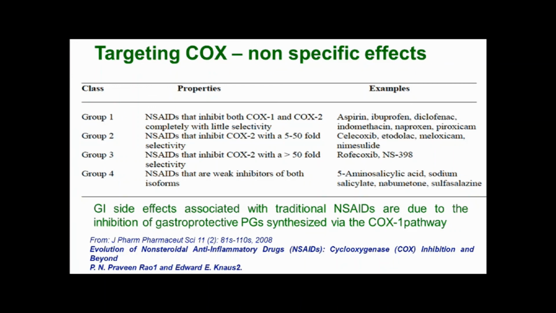But the challenge is that many of these cyclooxygenase inhibitors, of course, inhibit both cyclooxygenase 1 and 2, so they're non-specific. And the COX-2 inhibitors have so many other mechanisms, and the downregulation of COX-2 is nowhere near as effective as, say, using small interfering RNA.